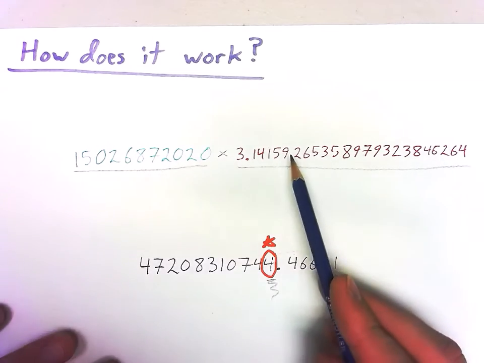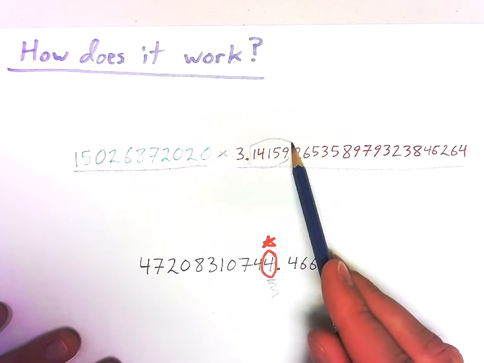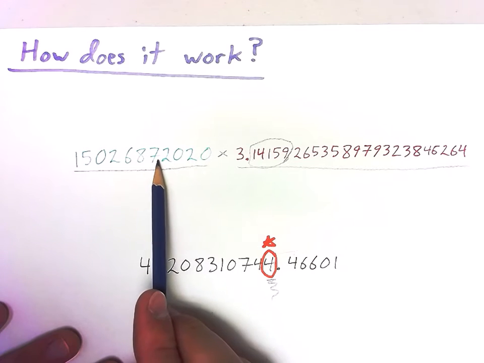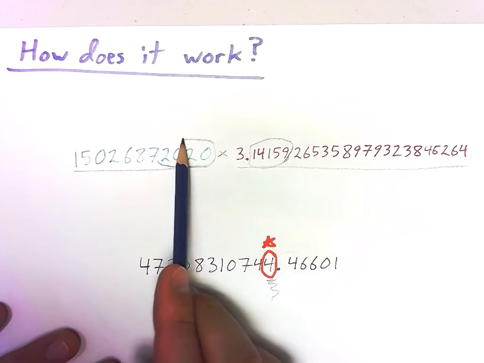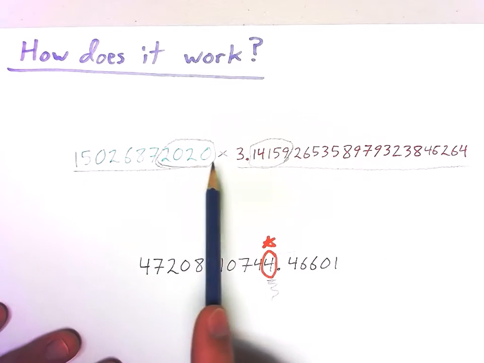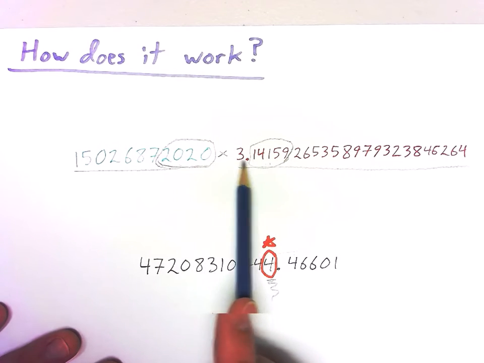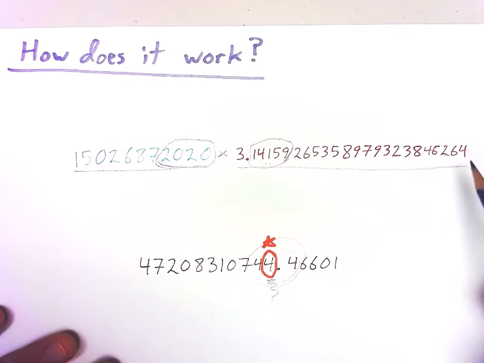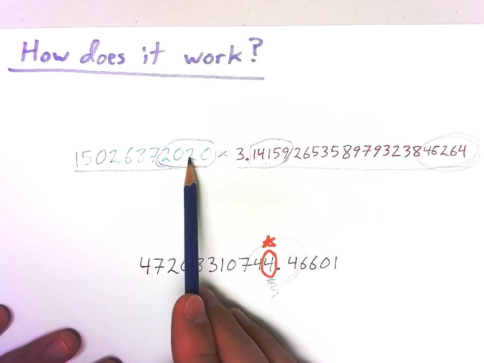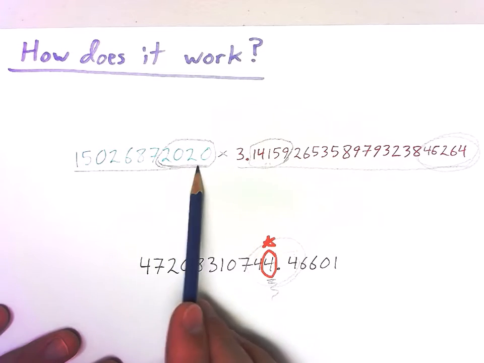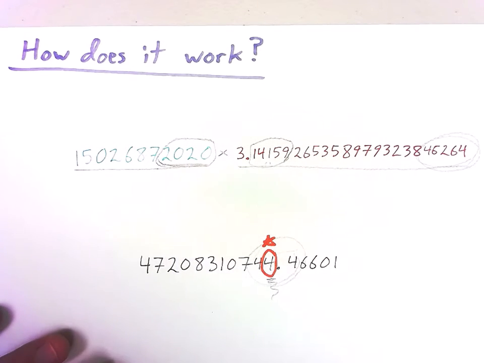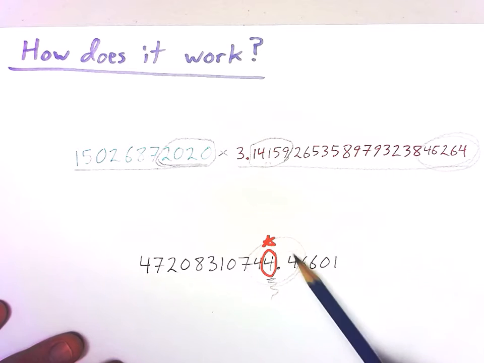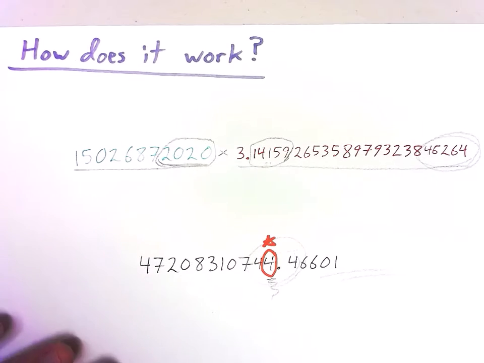If you take the first few numbers after the decimal in pi and the first few numbers in front of the decimal here, those numbers multiplying together are going to affect around the middle. If you take these numbers way over here, those are going to multiply by these numbers, and that's not going to affect these middle numbers. That's going to affect over here somewhere.